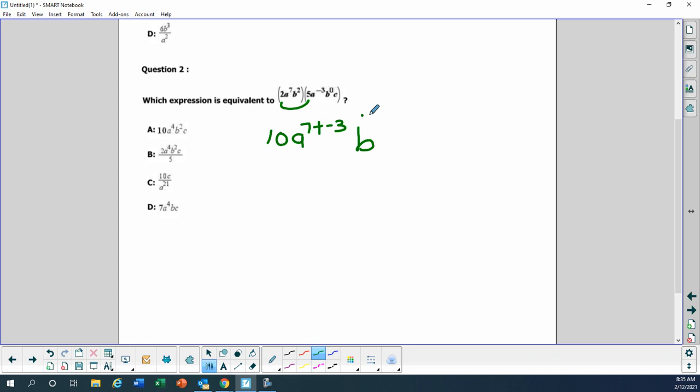Then b squared plus 0, and c doesn't have anything, so c stays. So it's going to be 10, and 7 plus negative 3 is going to give you 4, a to the power of 4.